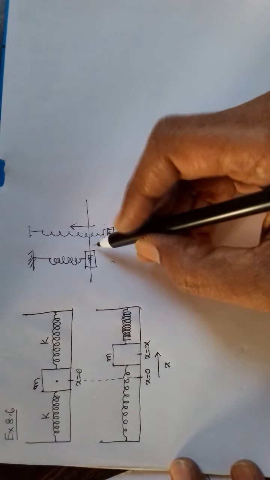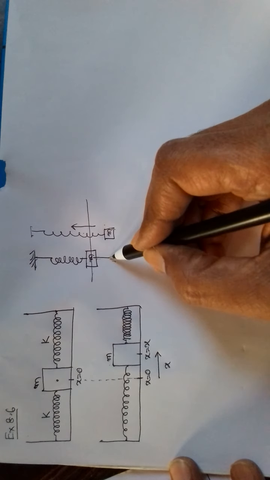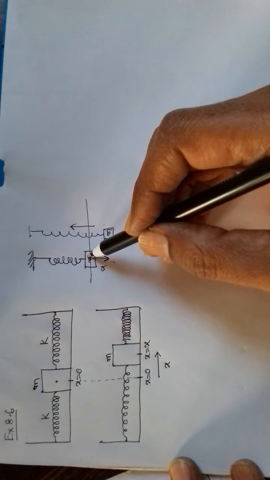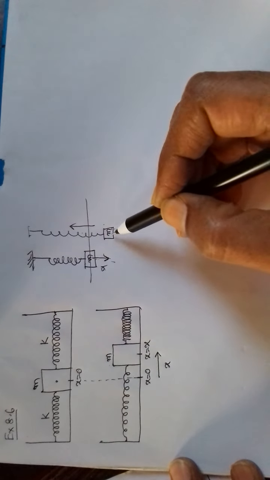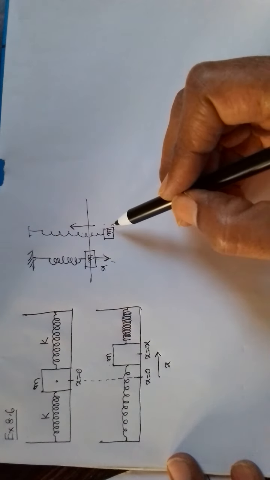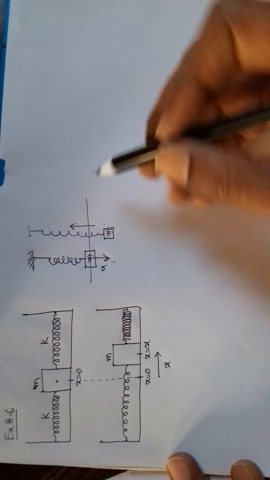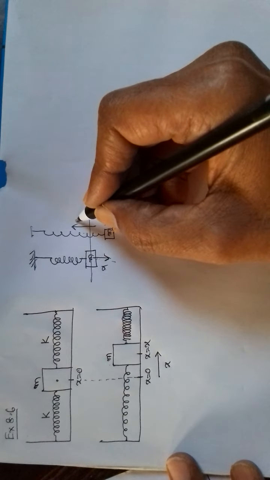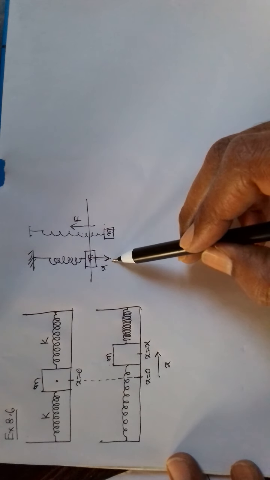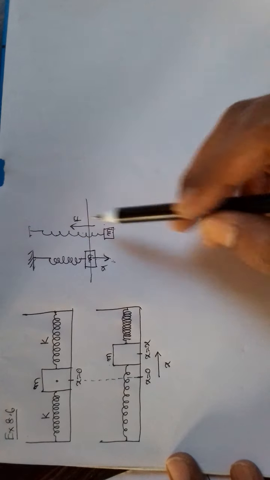It means we displaced the mass downward. Applying some force, you displaced the mass downward and left it there. Then the restoring force in the spring has applied force on this mass and taken it upward. So this is the restoring force. If displacement is downward, restoring force is upward. Force developed in the spring is upward.